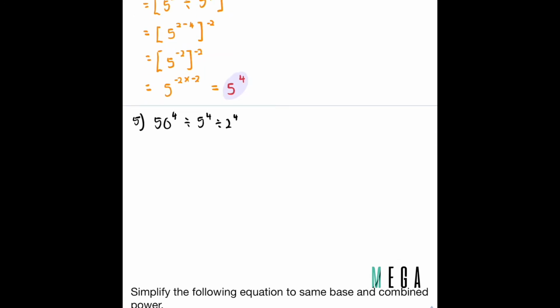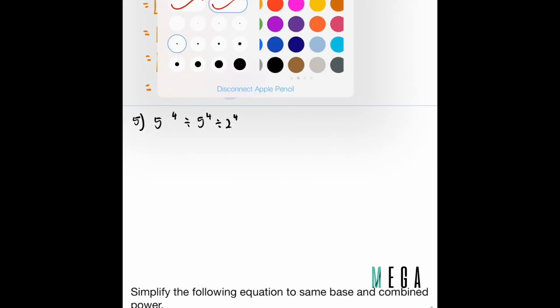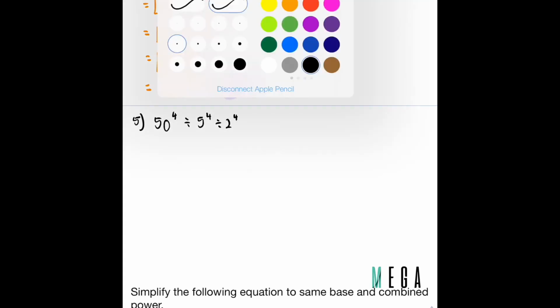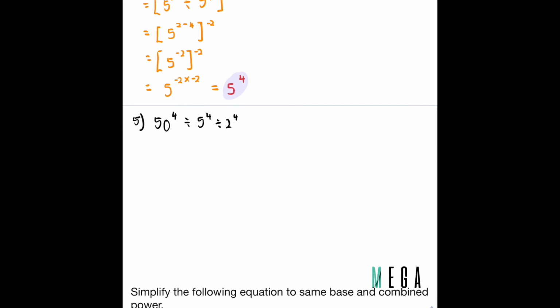And finally, this is a 50. So 50 to the power of 4 divided by 5 to the power of 4 divided by 2 to the power of 4 again. As you can see, the terms have different bases, but I can reduce this 50 into 25 multiplied by 2, and 25 is basically 5 squared.